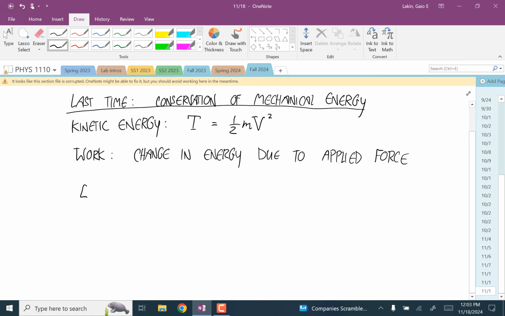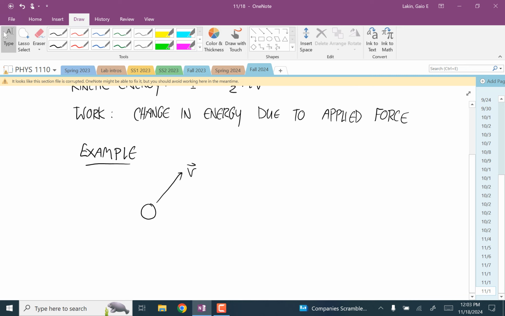So, for example, if you think of an object that's moving in this direction, and you apply a force this way, is that going to increase the speed of the object or decrease the speed of the object, or neither?